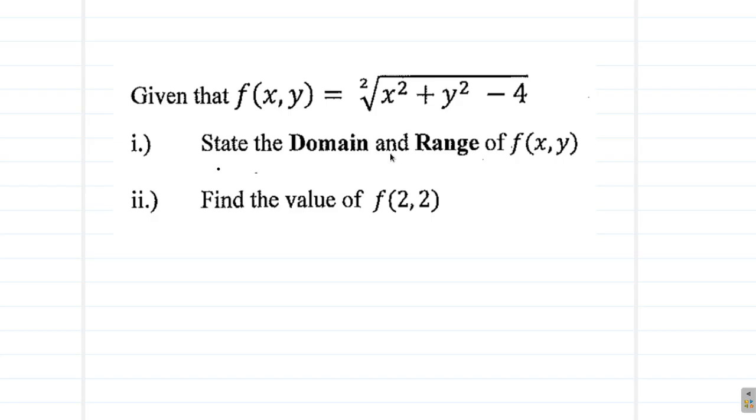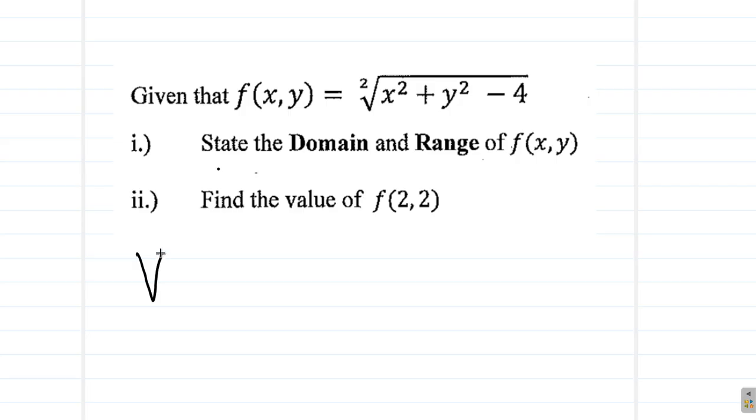You can find the square root of 0, which is 0. You can find the square root of positive numbers, but you cannot find the square root of negative numbers, right? The square root of a negative would be an imaginary number.